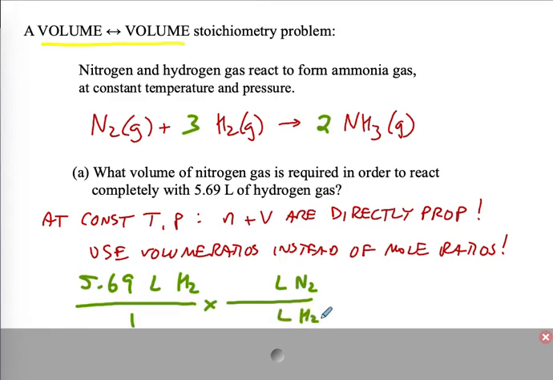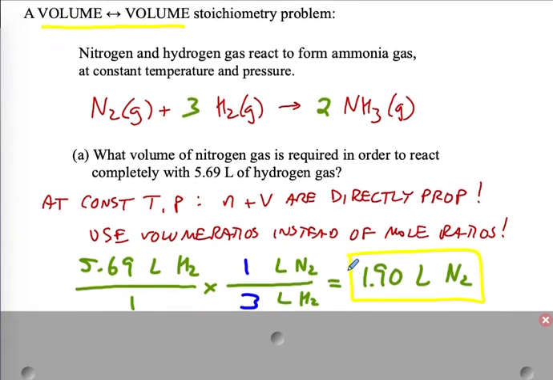Just as we took numbers in mole ratios directly from the stoichiometric coefficients in the balanced equation, in the same way we will take the numbers in the volume ratios directly from the stoichiometric coefficients. So the balanced equation tells us I need 1 liter of nitrogen gas for every 3 liters of hydrogen gas, to give me a volume of 1.90 liters of nitrogen gas required. The easiest kind of stoichiometry problem in the world, simply replace a mole ratio with a volume ratio.